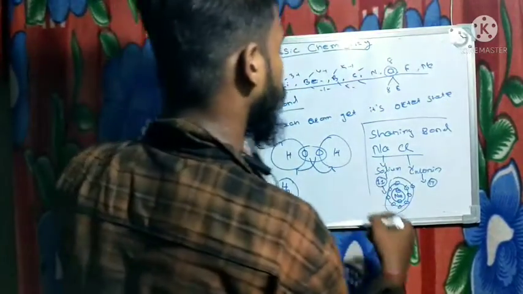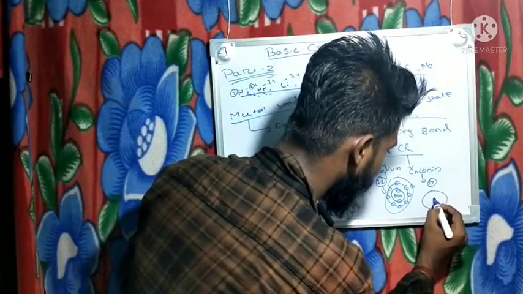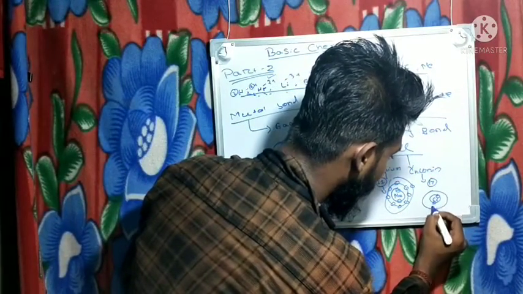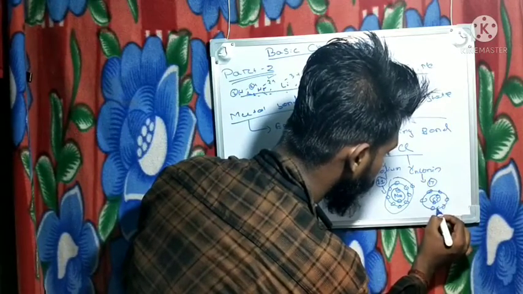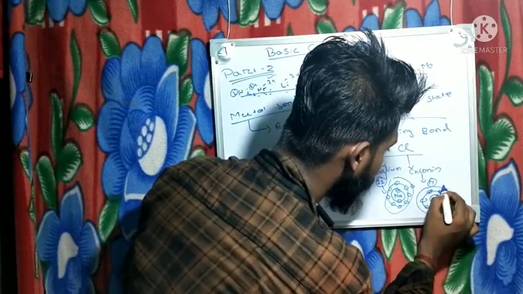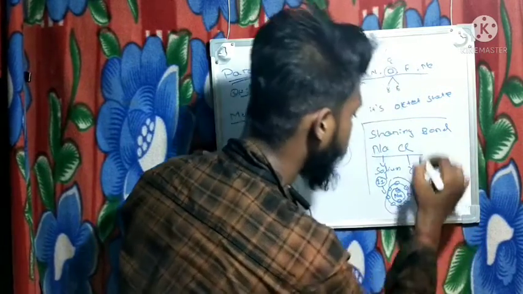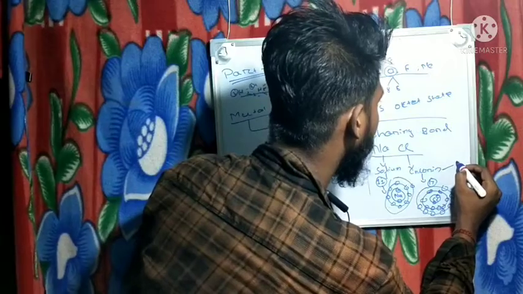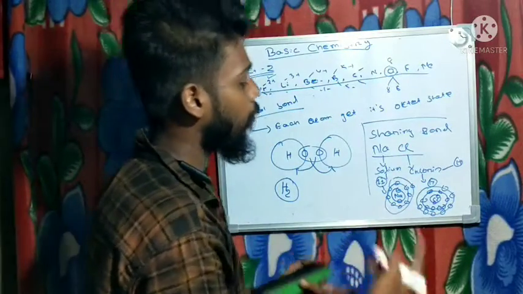That means sodium wants to release that electron, whereas chlorine wants one more. Chlorine's atomic number is 17, so the number of electrons should be 17 and the number of protons should be 17.